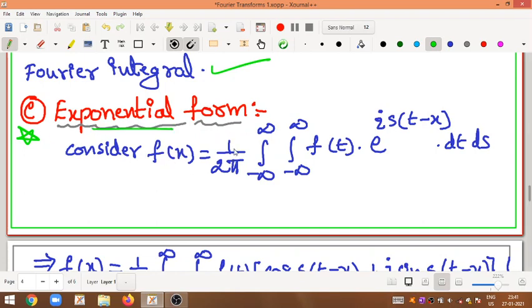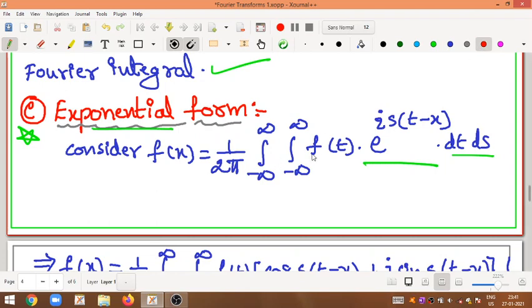Consider f of x is equal to 1 by 2 pi into the double integral minus infinity to plus infinity of f of t into e power is into t minus x into dt into ds.